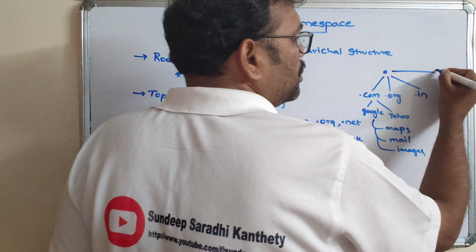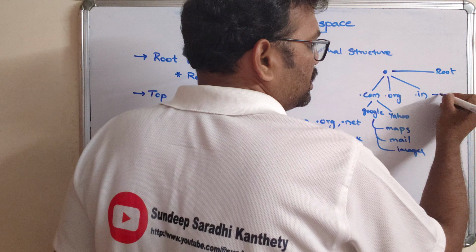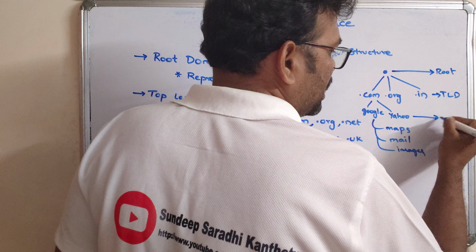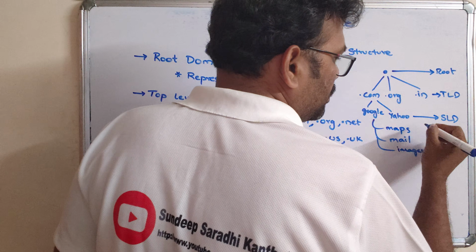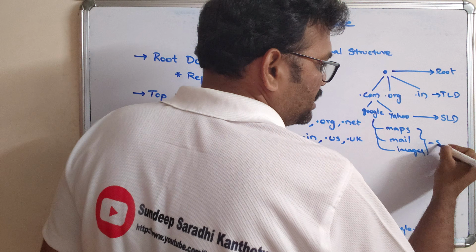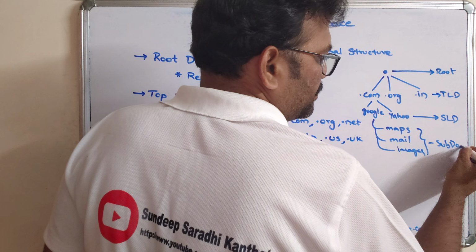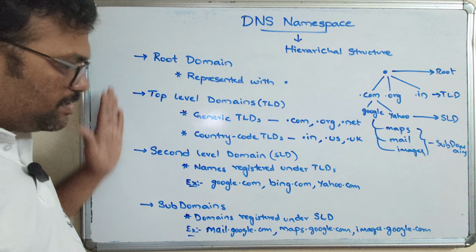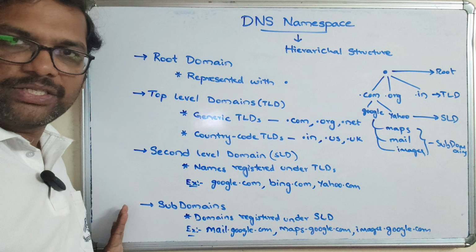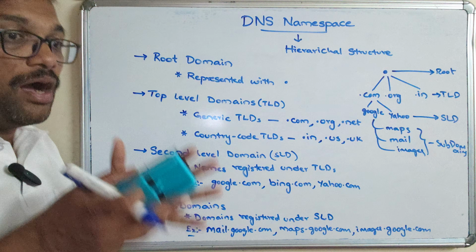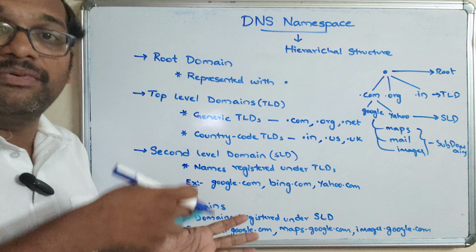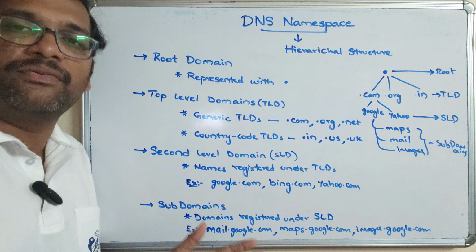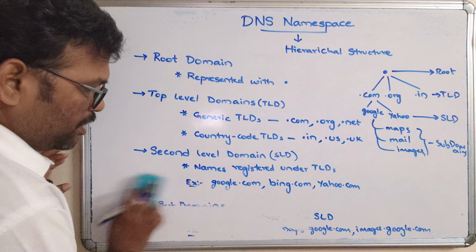This will be the root, this is the top level domains, and these are the second level domains, and these are the subdomains. Okay, so just remember this structure, the hierarchical structure. Now we'll see how the website URL converts to the IP address.